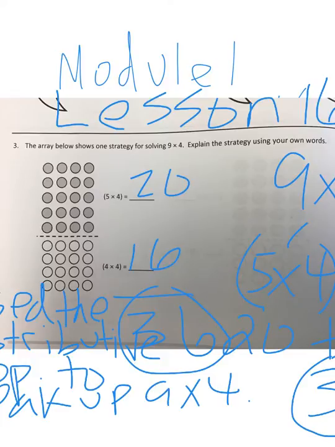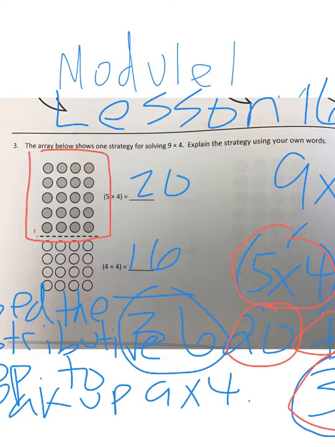And those smaller pieces were 5 times 4 and 4 times 4. And then I used the answers to those two smaller problems to add up and get that one bigger answer, 36.